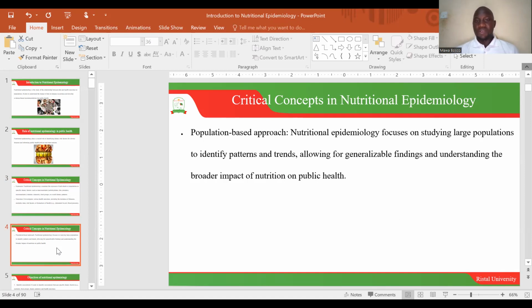We are not focusing on individuals, but on groups of individuals who could be connected by perhaps geographical location or another pattern, such as a social setting, such as a church or a school. So we focus on populations rather than individuals.